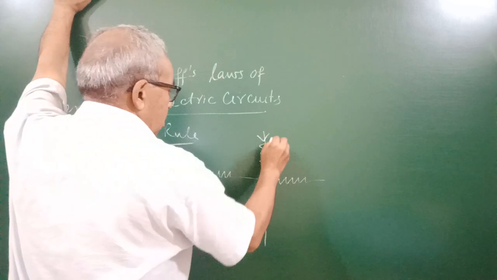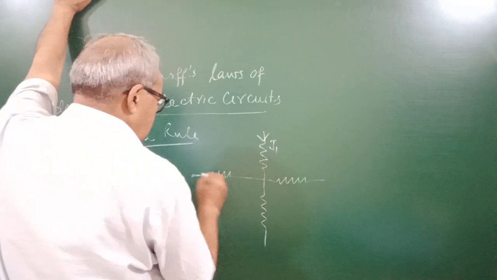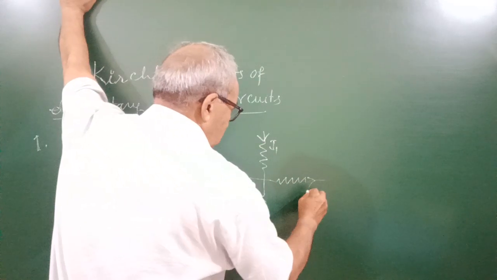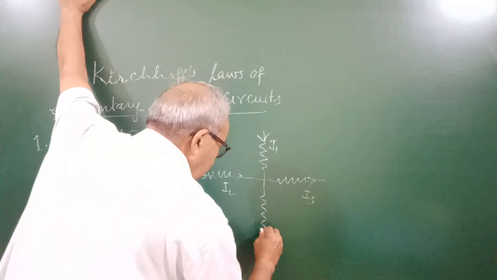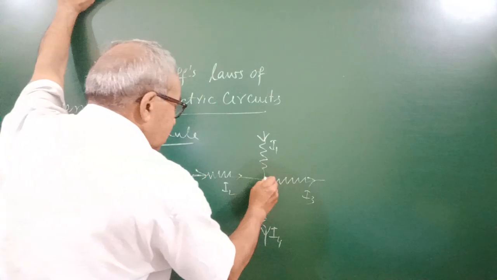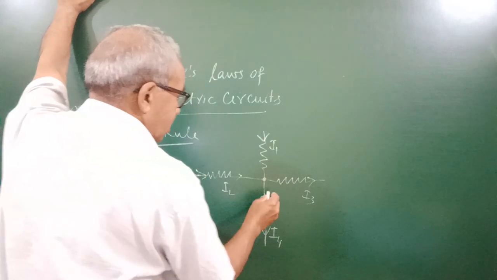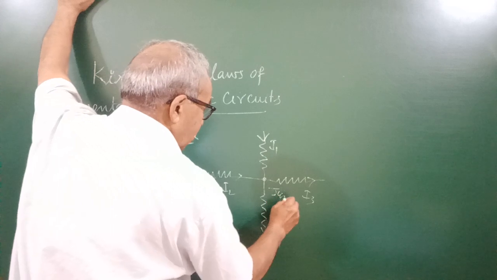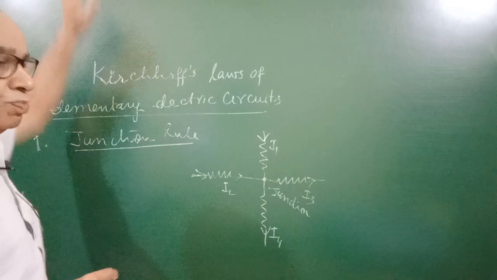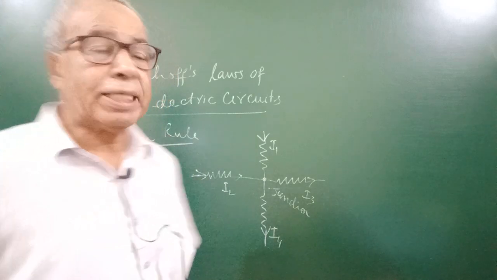Here current I1, current I2 are coming to this point, I3 going away from this, and I4 also going. This is the junction here. Junction means where more than two paths meet.